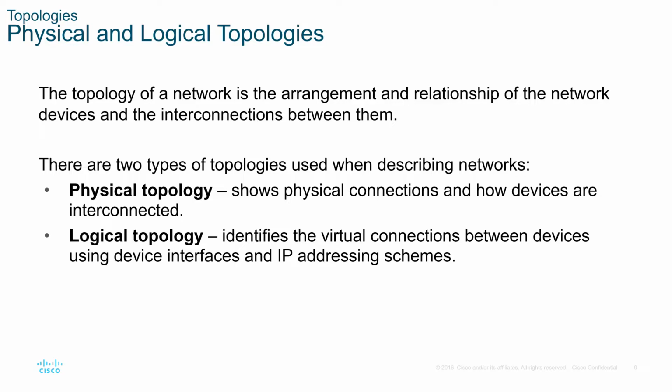The logical topology identifies the virtual connections between devices using device interfaces and IP addressing schemes. In the physical topology, you may also have notice of the length of the cable, the type of cable, the purpose of the cable, and the type of end connectors on the cable.